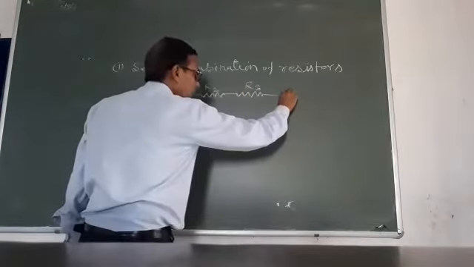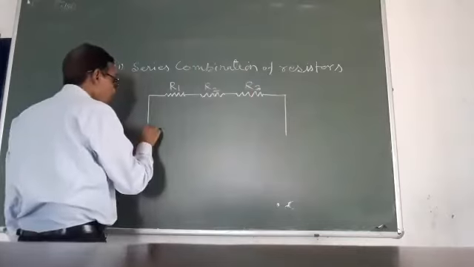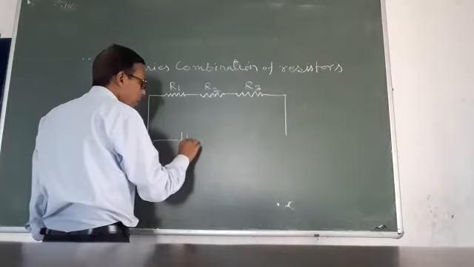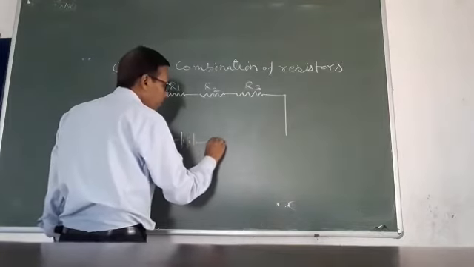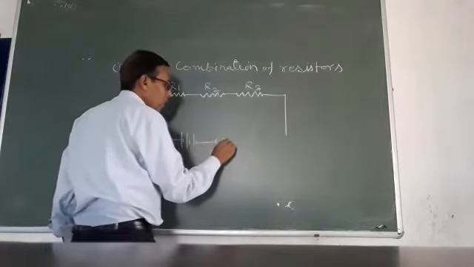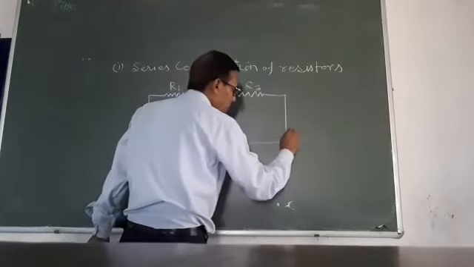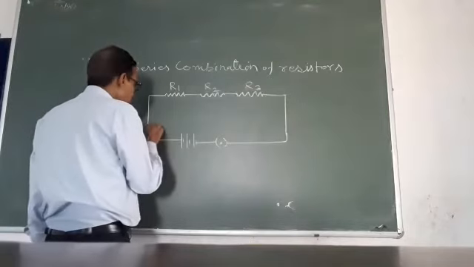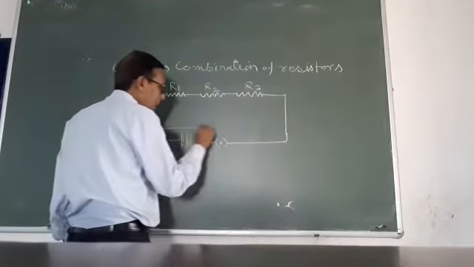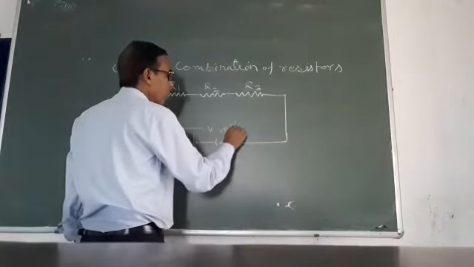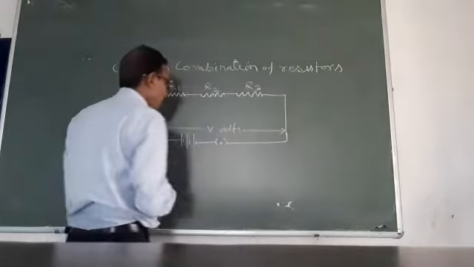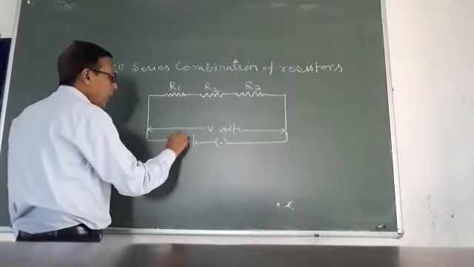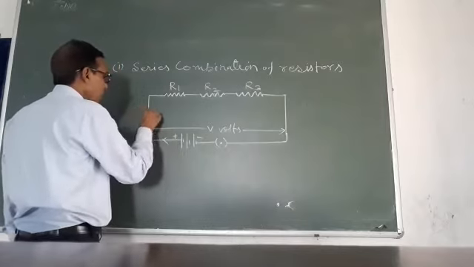And these three resistors are connected with a battery of V volt and a switch. The potential difference of this battery is V volt. Suppose I current flows through the circuit.